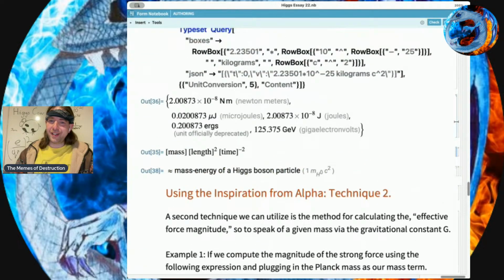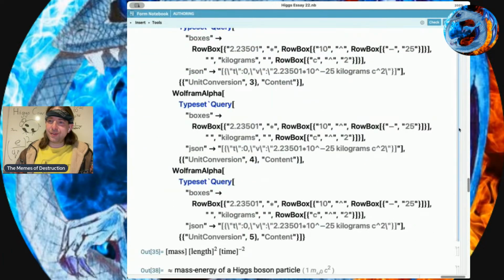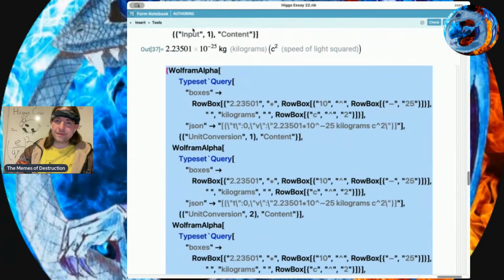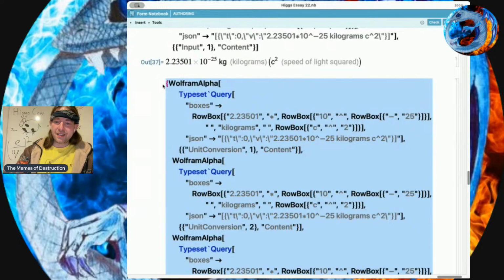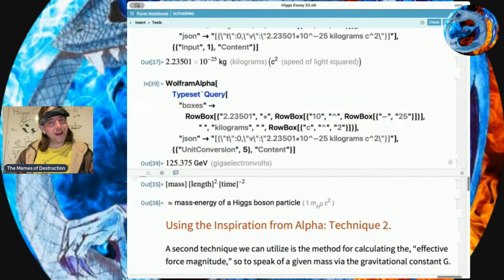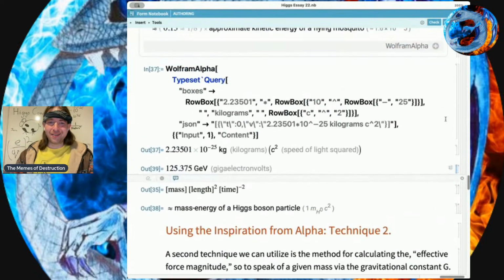Dimensions of energy. The last term over here. All right, output. See. All right, so it went down by 1 electron volt approximately there. Cool.